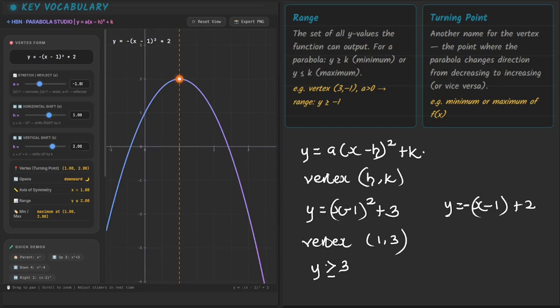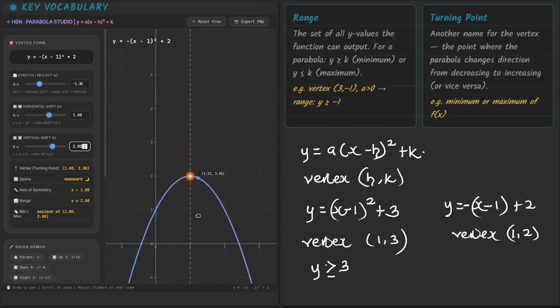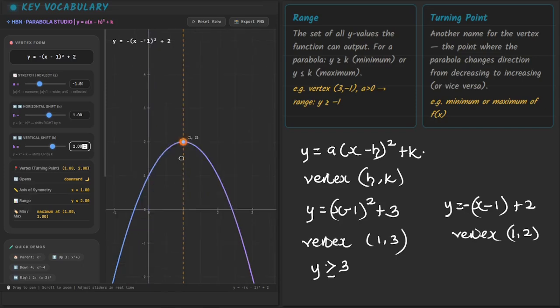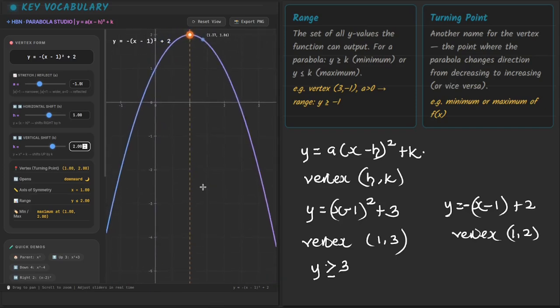So with that, once again, our vertex is going to be what? 1, 2. And then we have the range of values of y. This time around, you realize that the parabola or our graph doesn't extend to any value above 2. It ends at 2 and then it continues downwards. So you can say our y is simply what?